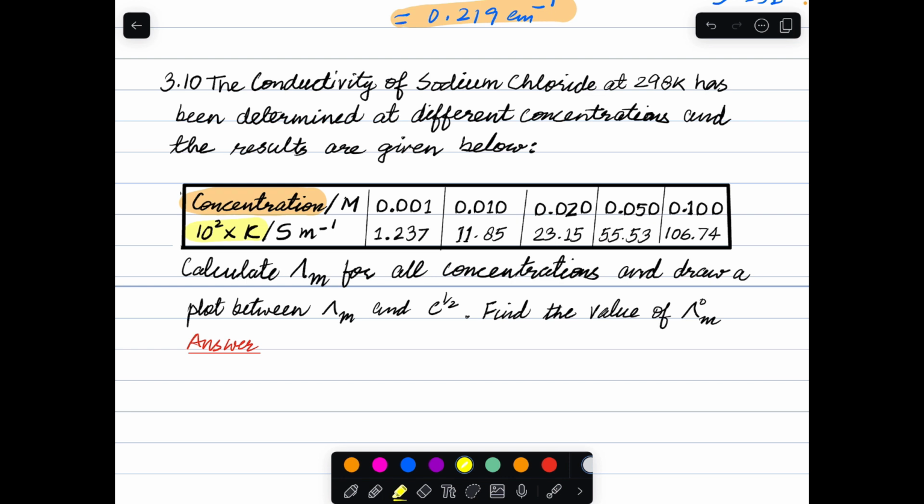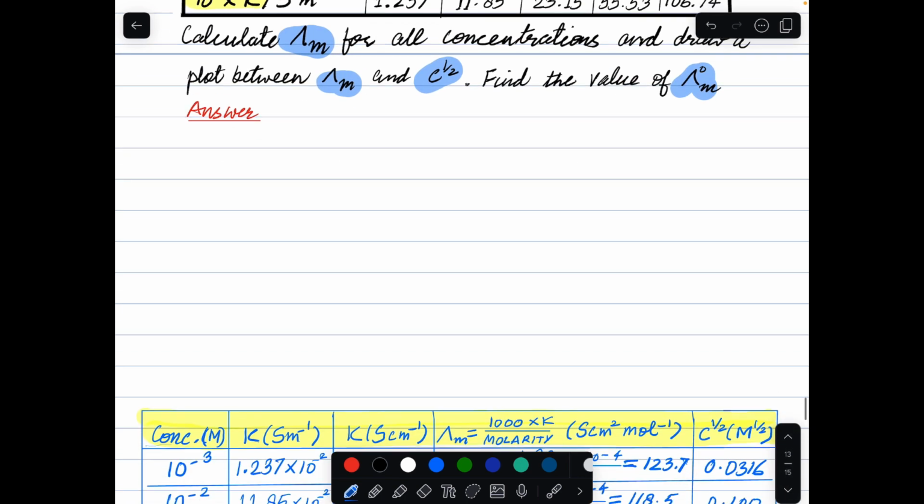What we have to calculate? We have to calculate molar conductivity for all concentrations, and we have to draw a plot between molar conductivity and square root of concentration. Okay, and from that we have to find out the limiting value of molar conductivity, that is molar conductivity when concentration is 0 or tending to 0.